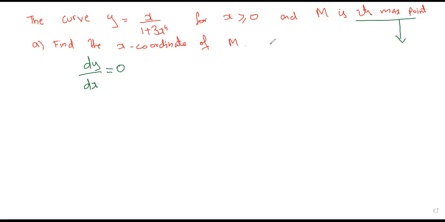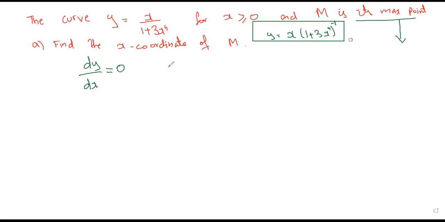How can I do that? By taking the denominator to the numerator, 1 plus 3x to the 4, to the power -1. Very well done. Okay, this is what we will have. Now we have to refer to this while writing down dy by dx.